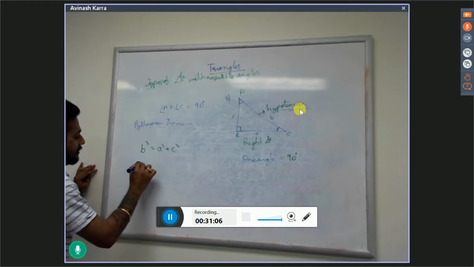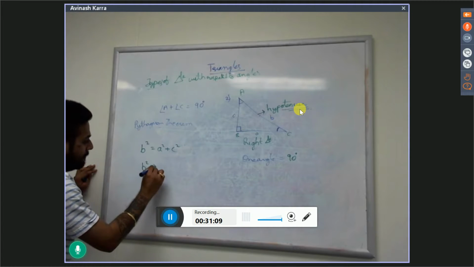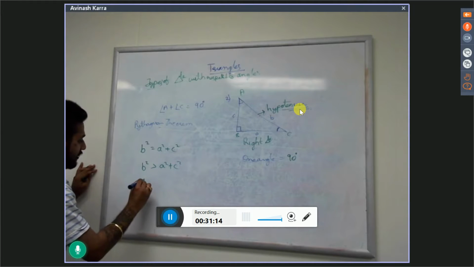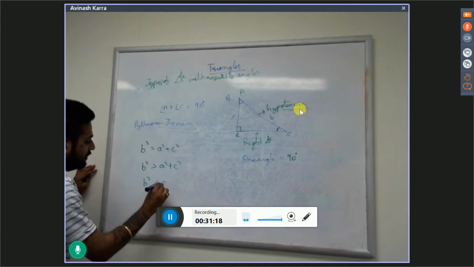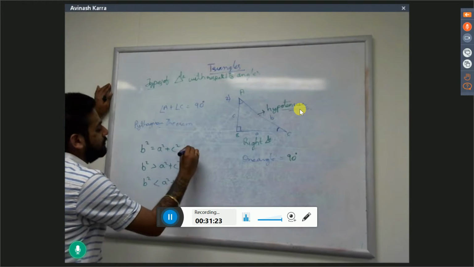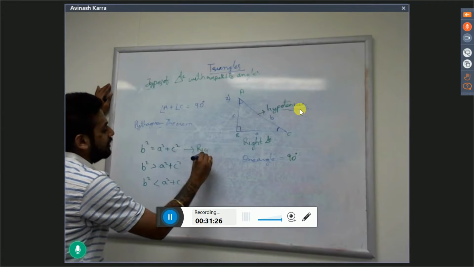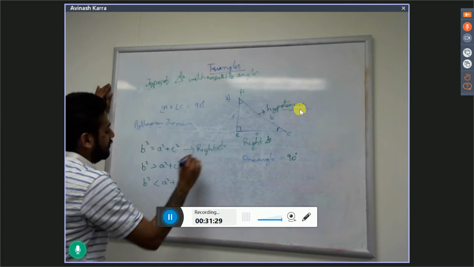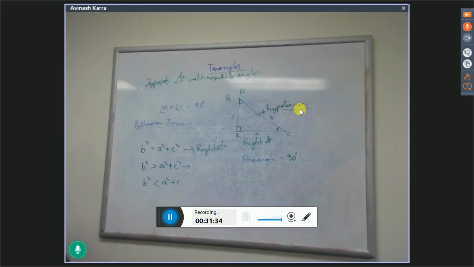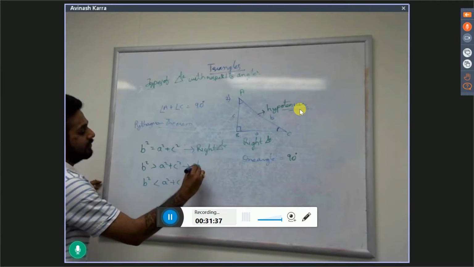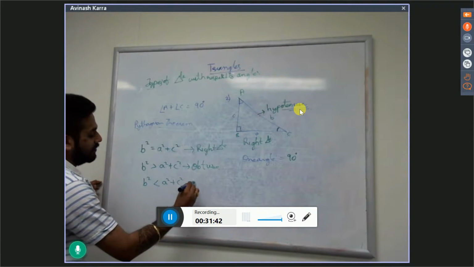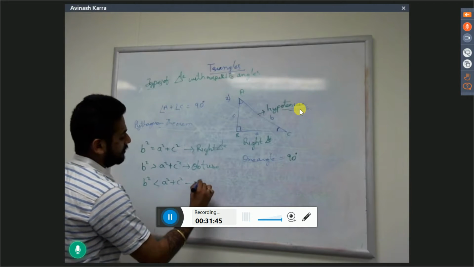And with respect to this, if b square is greater than a square plus c square, or if b square is less than a square plus c square, this will be a right triangle, and this will be obtuse, and this will be obtuse.